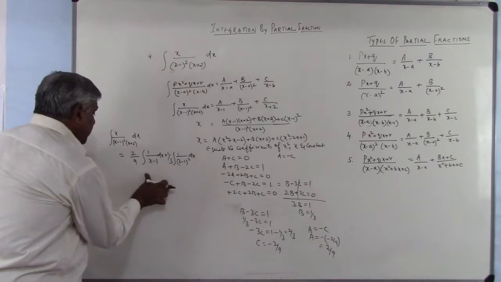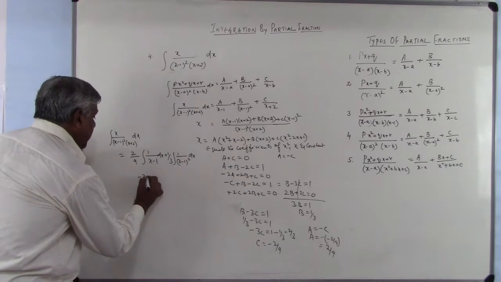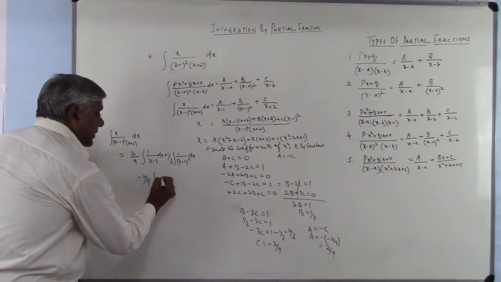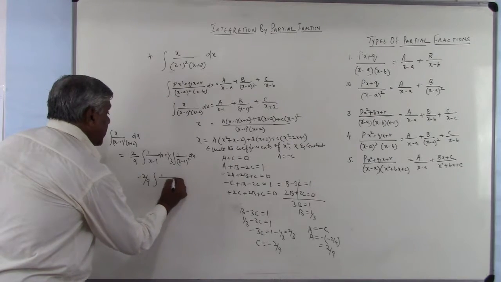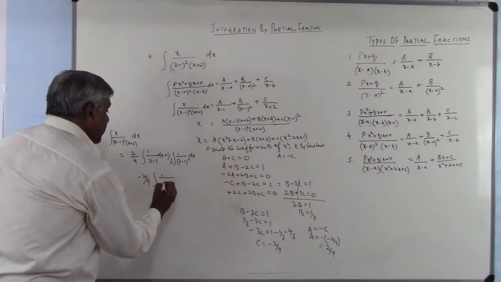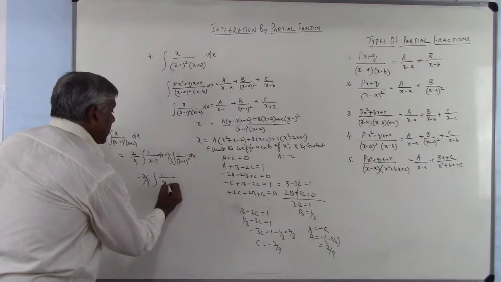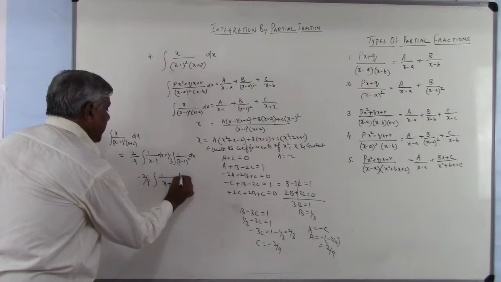It is minus 2 by 9, integral 1 over x plus 2 dx.